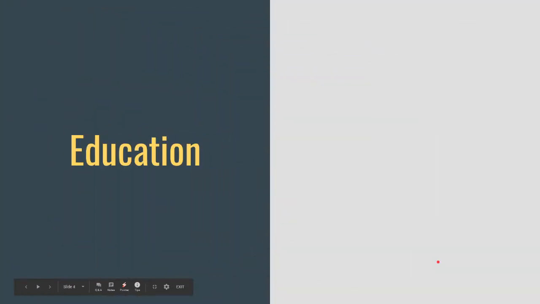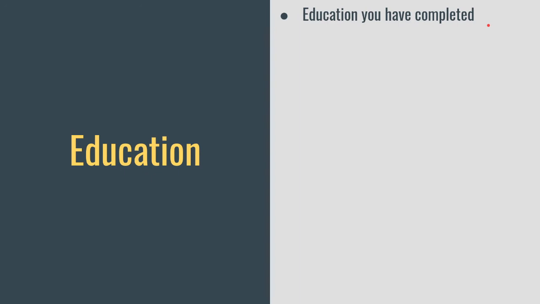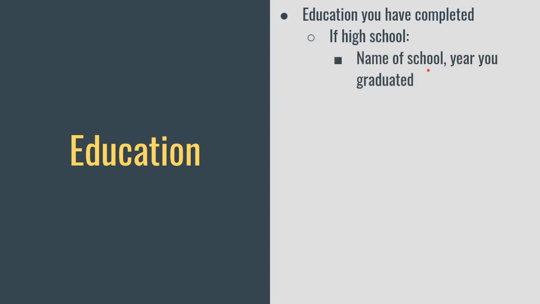The next section is education, where you will include all of the relevant education that you have completed or had, not even that you've completed. If your only education is a high school diploma, you will put the name of the high school you attended and the year you graduated.